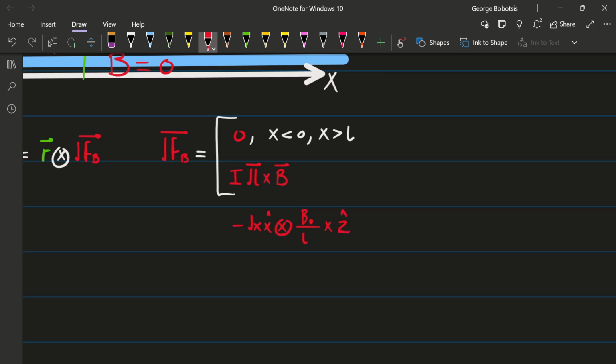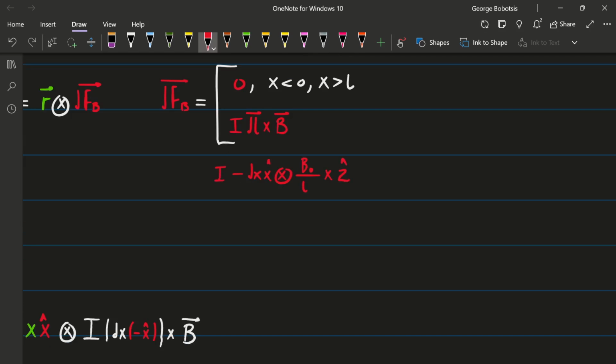And when we did this cross product, we got I dx B naught over L x, with x hat crossed with z hat giving negative y hat, but then we have another negative there. So it became a positive y hat.